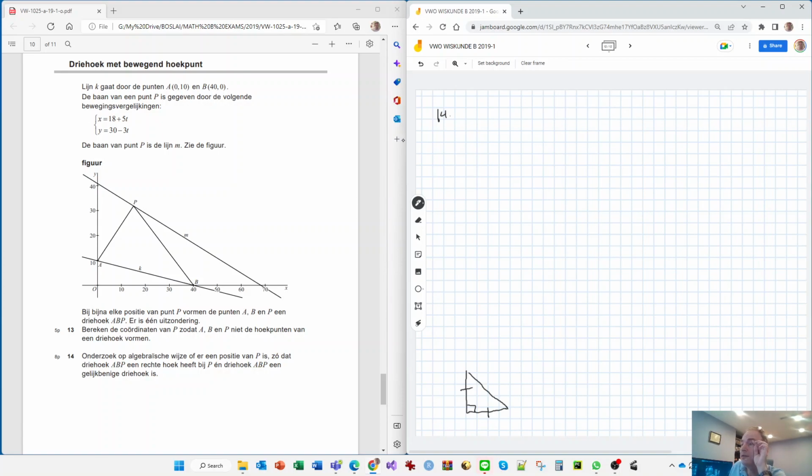So let's demand that the vector pointing to P from A and to P from B are perpendicular. So we set the vector P minus A in the product with P minus B is 0.